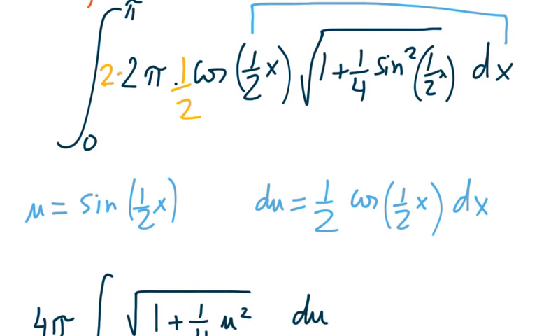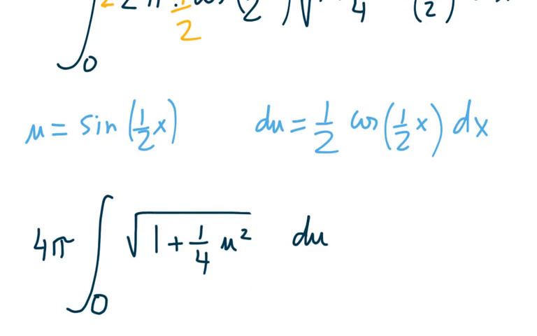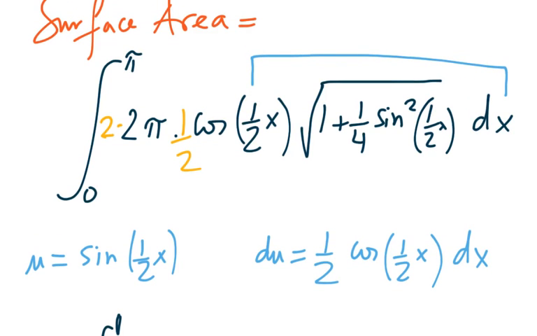And then pi, so we're going to have sine of pi over 2, which is 1. So this will be from 0 to 1. When you change the variable from cosine 1/2 to u, you need to change the boundaries as well.